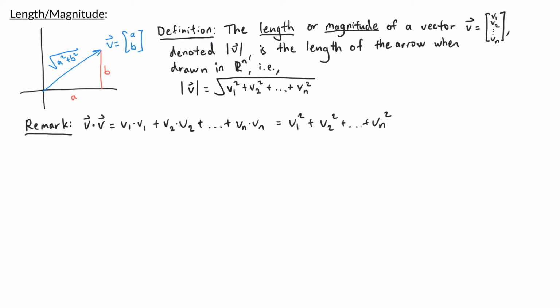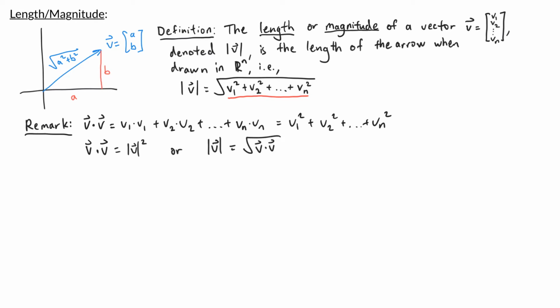So notice that this expression is what's under the square root in the length of v. So we can say that v dot v is the square of the length of v. Or we can also say that the length of v is the square root of v dot v.